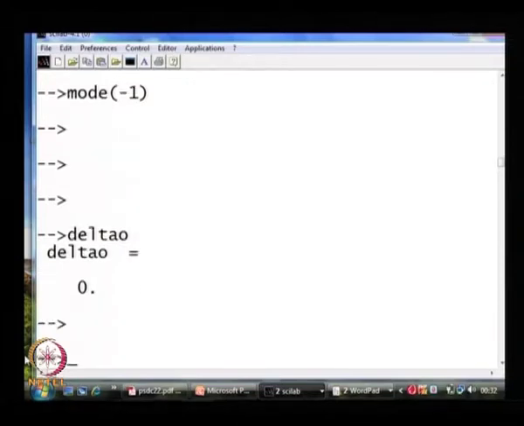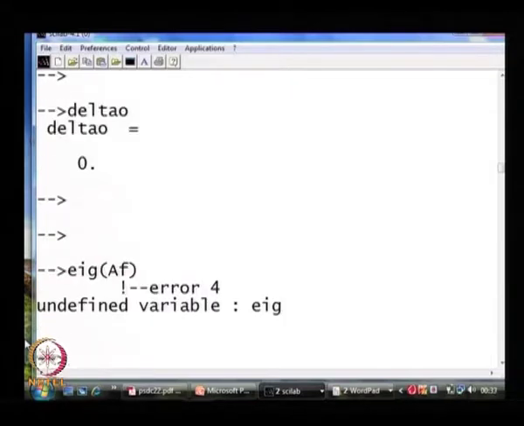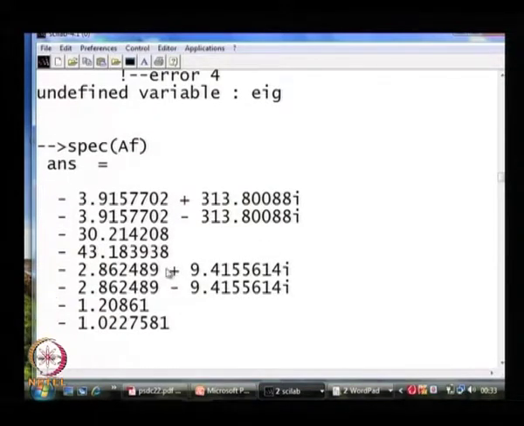Now, if I find out the eigenvalues of the system linearized around the equilibrium point corresponding to Tm equal to 0, what we find is the eigenvalues as seen here.